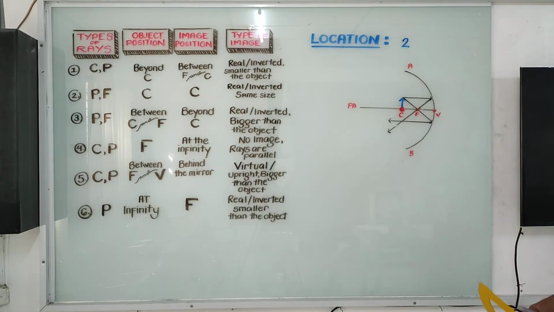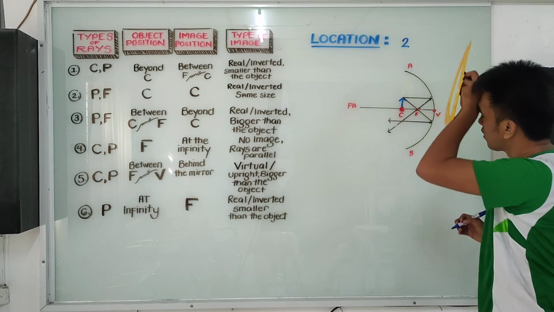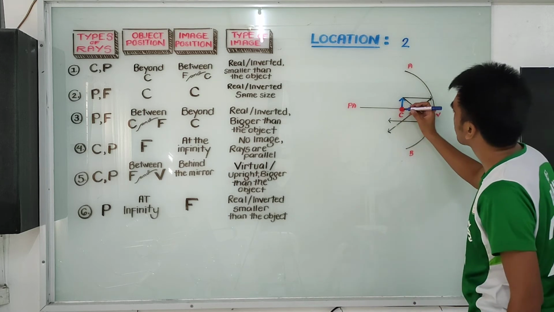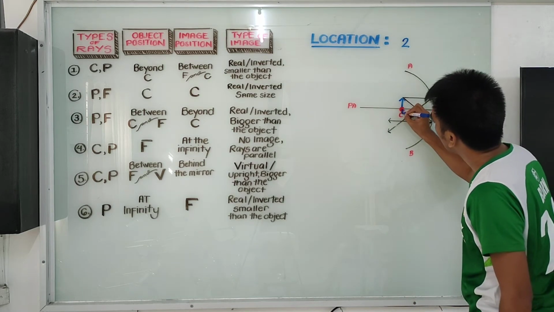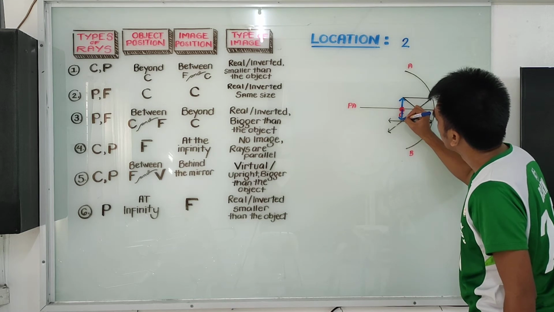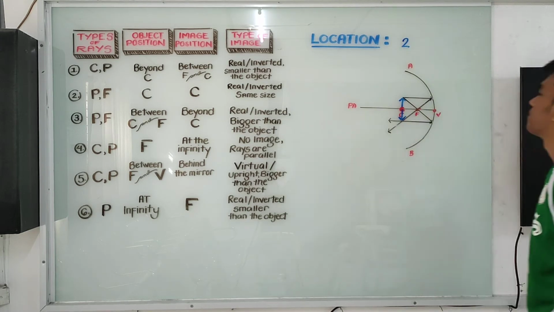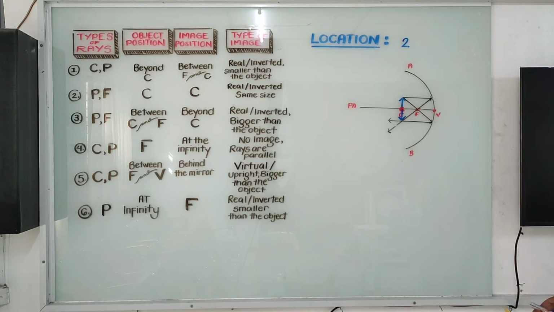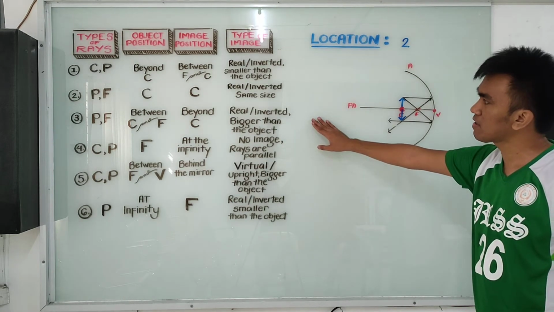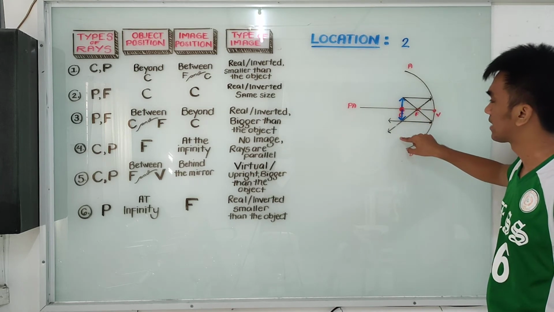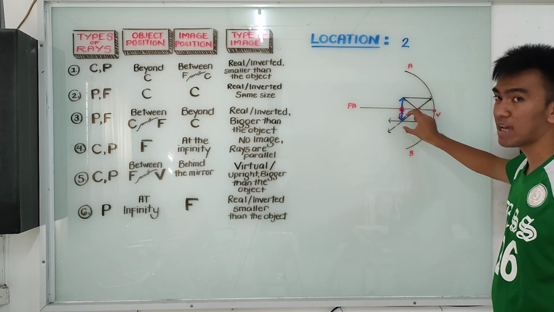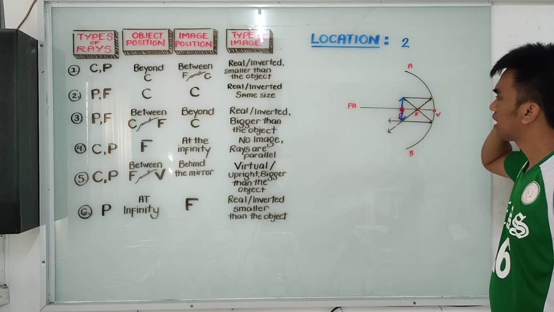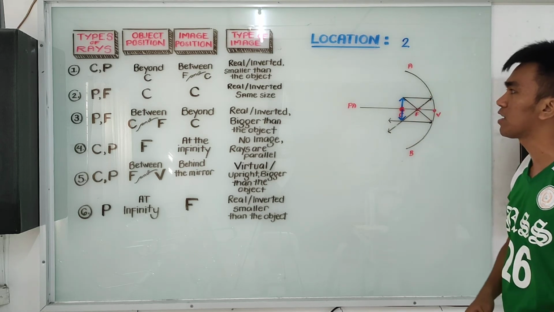So look at the diagram. The lines intersect at the center of curvature as well. So I'm going to illustrate an arrow pointing downwards. So let us now describe the type of image formed. So the image is real and inverted, and it has the same size as the object.